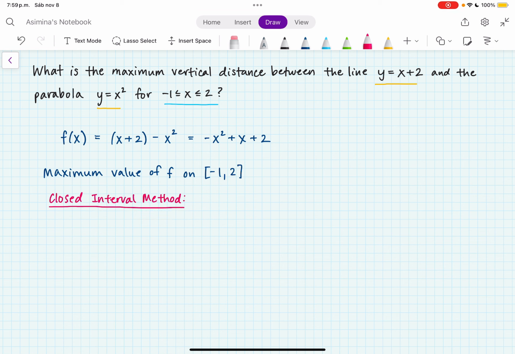The closed interval method tells us to find the absolute maximum and minimum of a continuous function f on a closed interval [a, b].